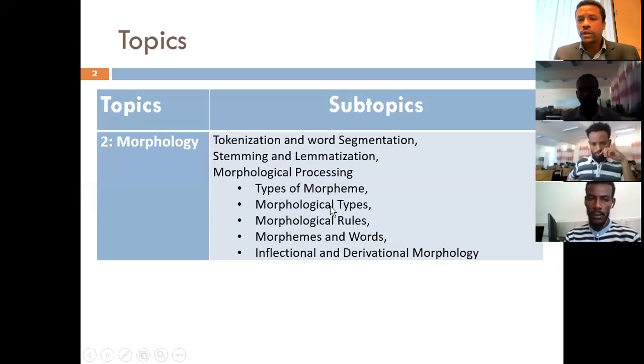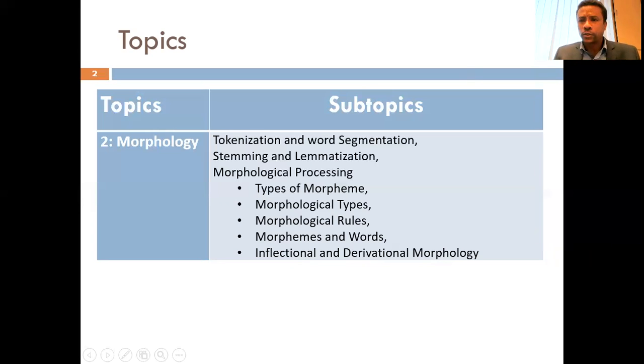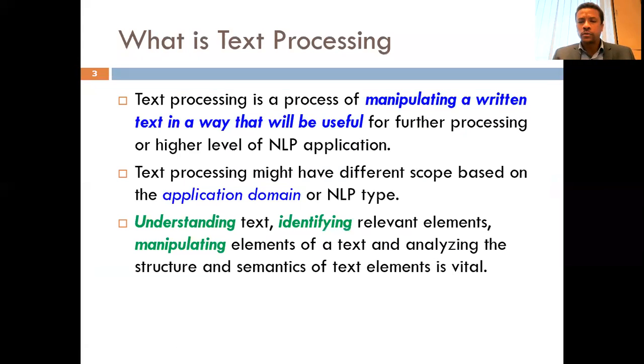So the first thing that we're going to see here is, what do we mean by text processing? Because morphology is concerned about word formation, about forms of a word. So the first thing that we do is process a text, right?